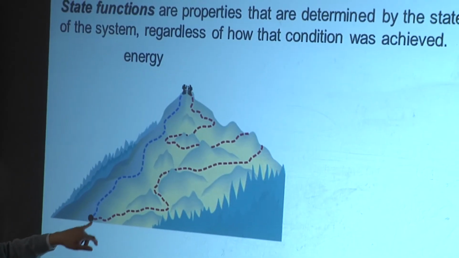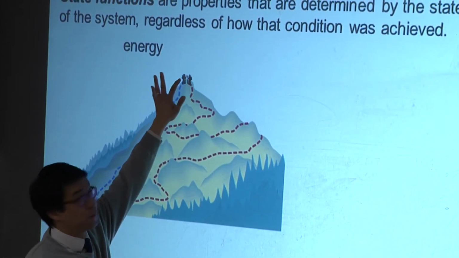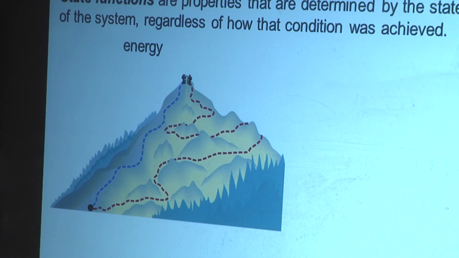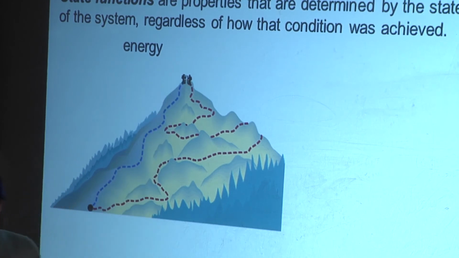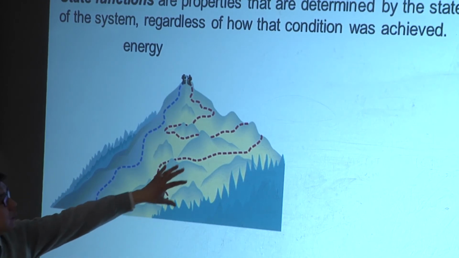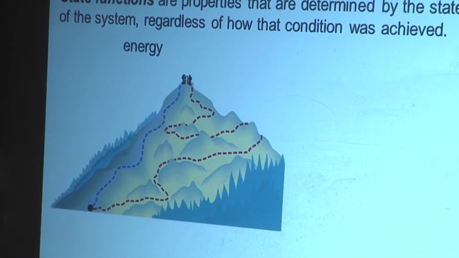They both have the same initial state, and they both have the same final state. Their potential energy, in other words, how much energy they have if they jump off the mountain and hit the ground down here, is just defined by how high they are.